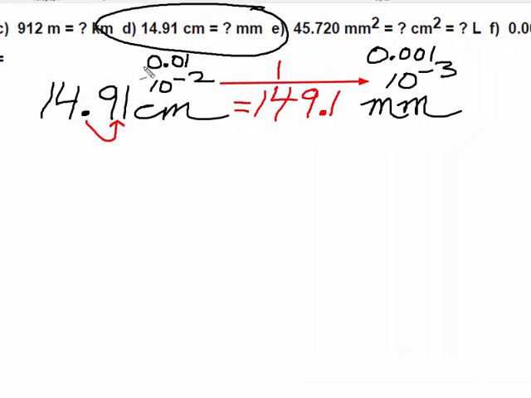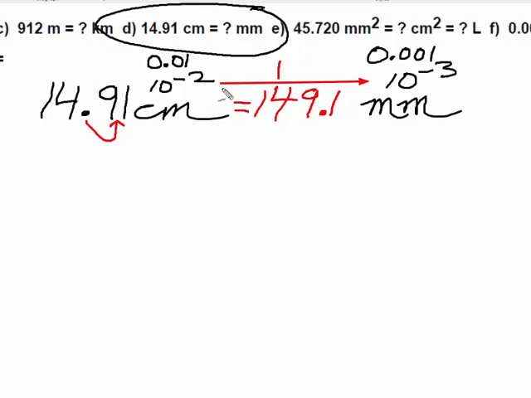Example D: 14.91 centimeters is how many millimeters? We write the starting unit, centimeters, place value 10 to the minus 2, or hundredths of a meter. We look at the target unit, millimeters. We ask, is a millimeter larger or smaller than a centimeter? A millimeter is smaller than a centimeter, so we write it to the right.